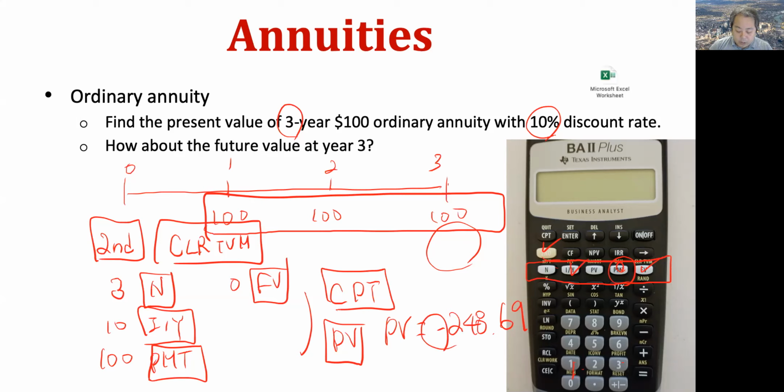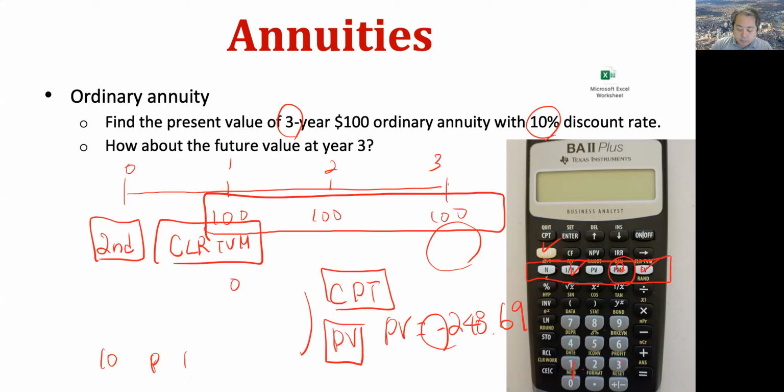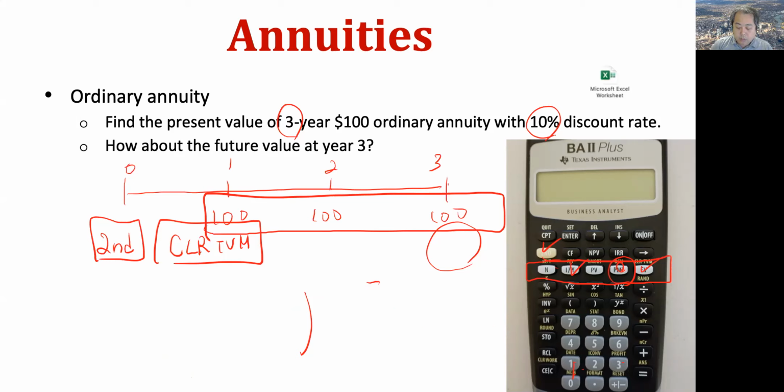What about future value? Future value is very similar. So for future value, we also need to use second, clear TVM first, and then 3 N, and interest rate 10, and the payment is 100.